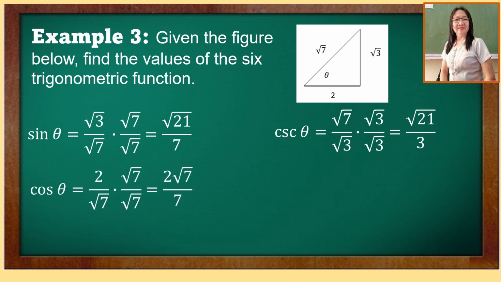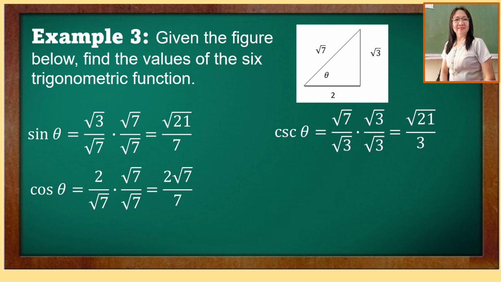For our cosine theta, we have the adjacent, which is 2, over the hypotenuse, which is square root of 7. Then let us rationalize by multiplying by square root of 7 over the square root of 7. So 2 times the square root of 7 is 2 square root of 7 over the denominator, the square root of 7 times the square root of 7, which is 7.